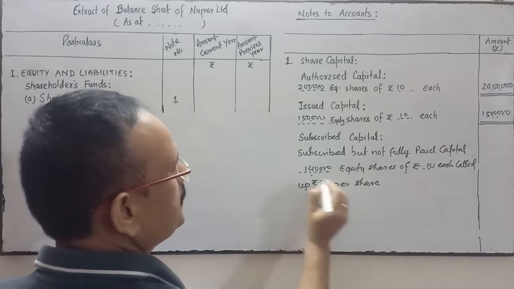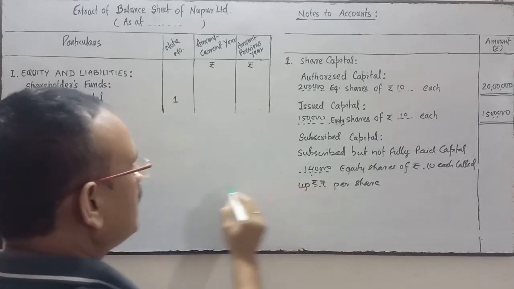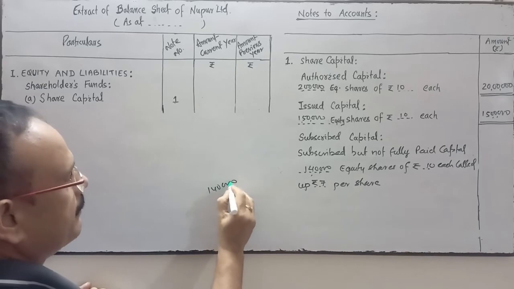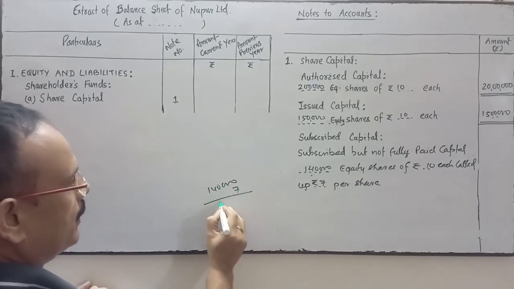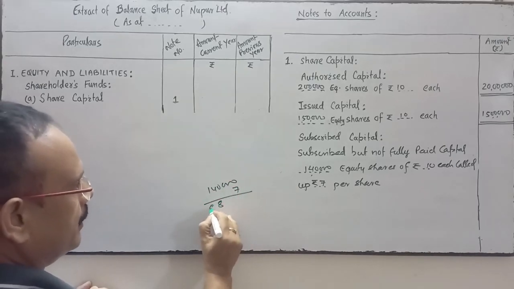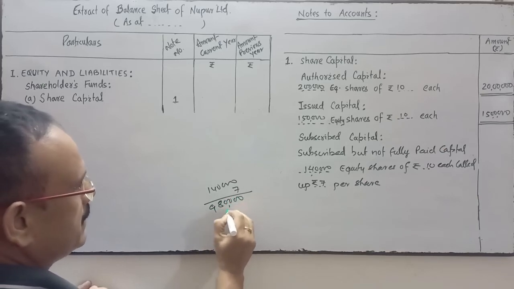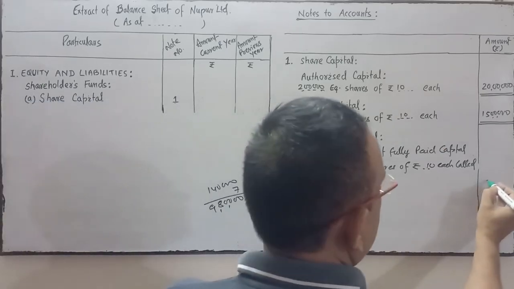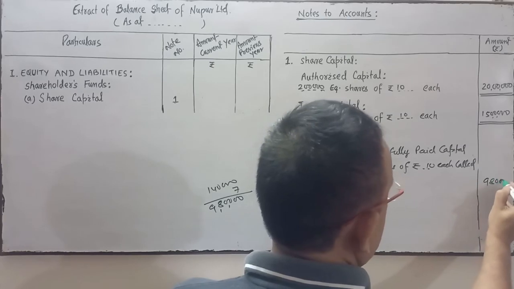So 1,40,000 into 7, it is not fully called. So it is 9,80,000.